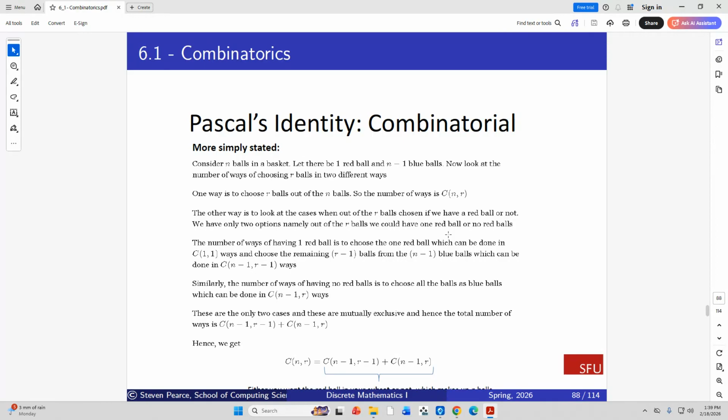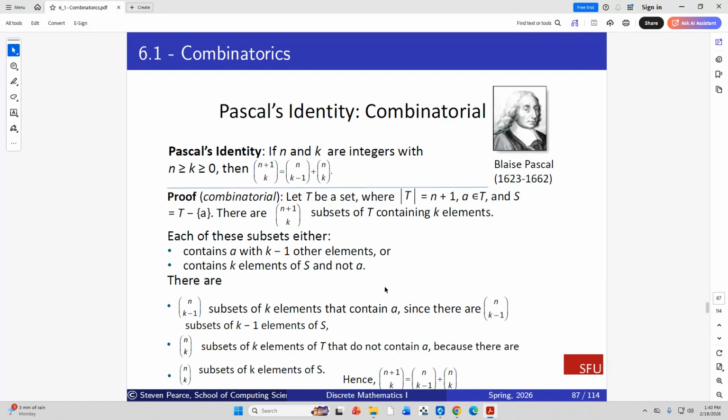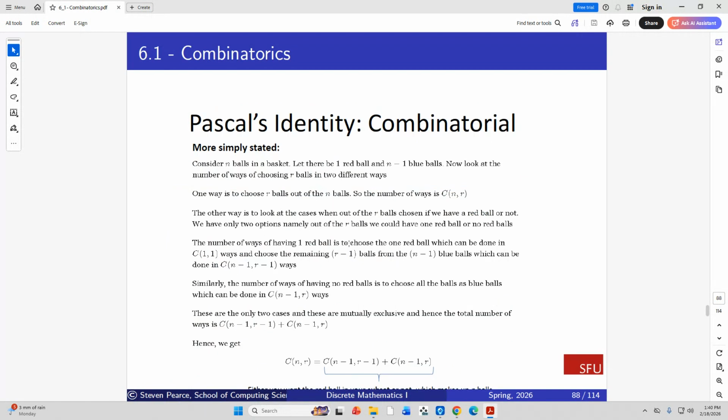That's our constant A. We have only two options: out of the r balls, we could have one red or no red. It's the same argument that was made here. So study this and you will understand this combinatorial proof. All I'm doing is restating what's been said here in a simpler way, with balls instead of actual variables.